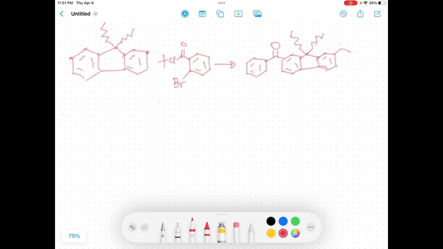So on both sides you will get that Friedel-Crafts acylation product.